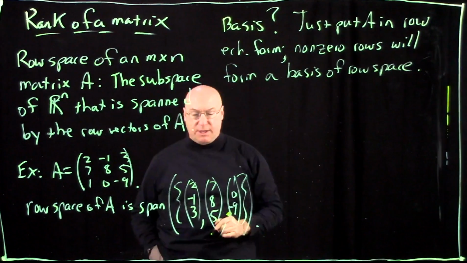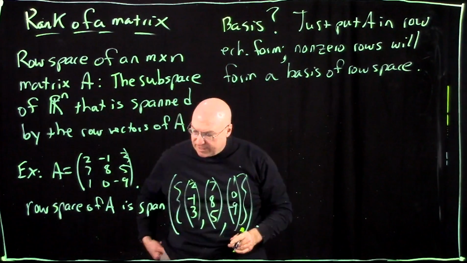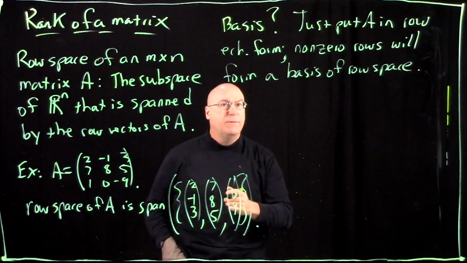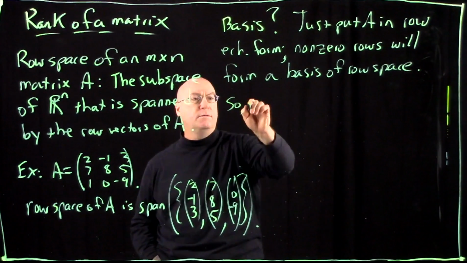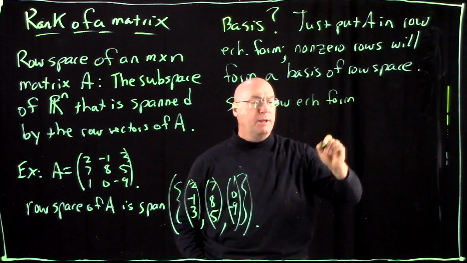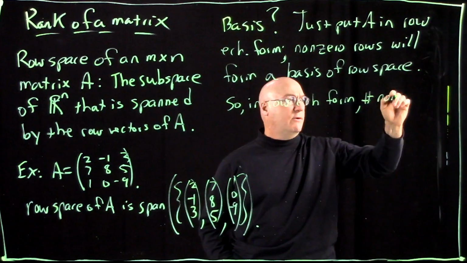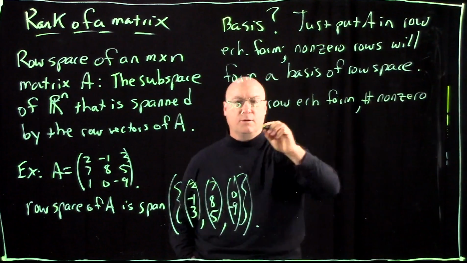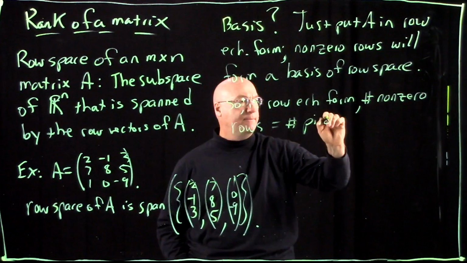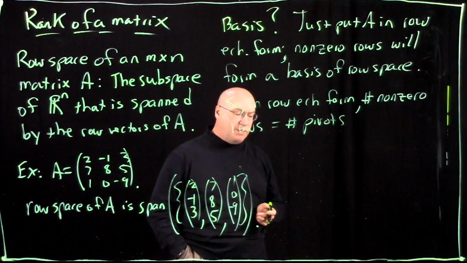I will do an example here, but before I do that, let me make a note. In row echelon form, the number of non-zero rows equals the number of pivots, because each non-zero row begins with a pivot.